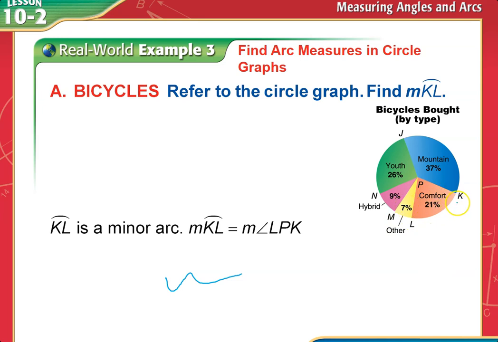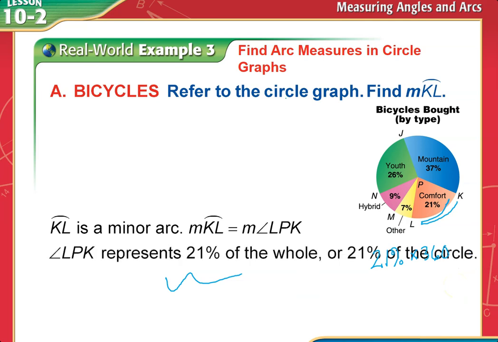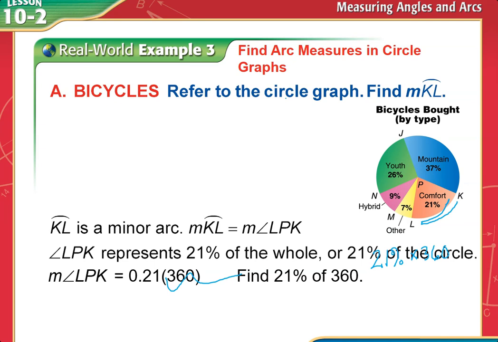The measurement of KL is 21% of the entire circle, 21% of 360 degrees. 21% times 360 gives me an answer of 75.6 degrees.